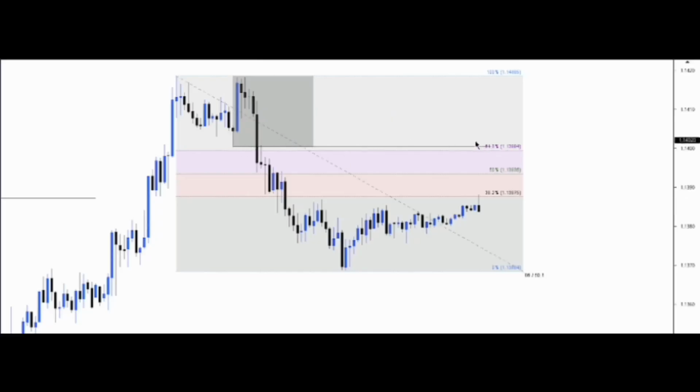Okay, look at that. It aligns with that 61.8 Fib level. Now, apart from that, look at this fair value gap. It aligns properly. Everything aligns. Can you see that fair value gap? It aligns with that 61.8%. So everything aligns around this 61.8%.